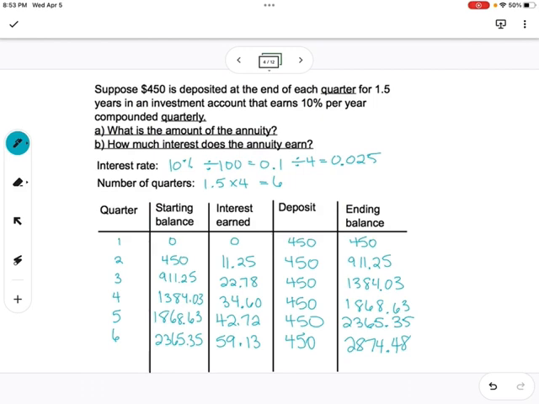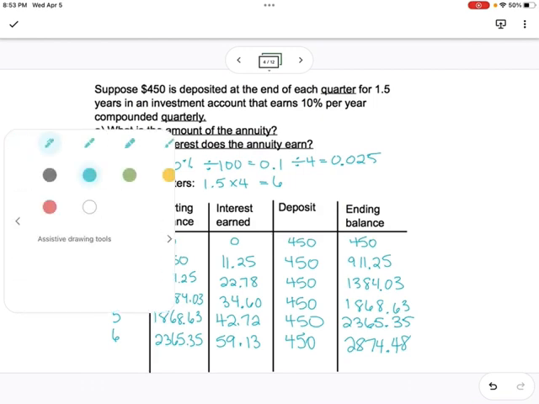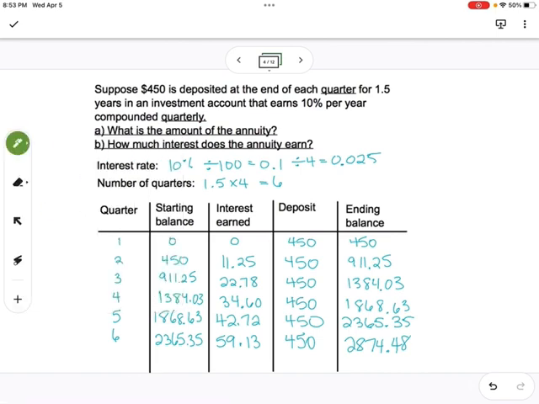So our amount of annuity is the $2,874.48. So that's the future value on our investment.